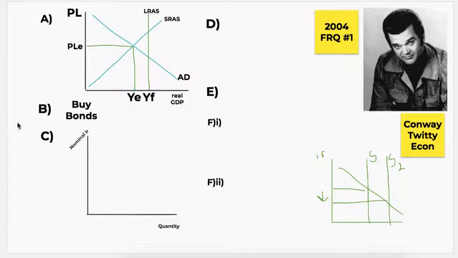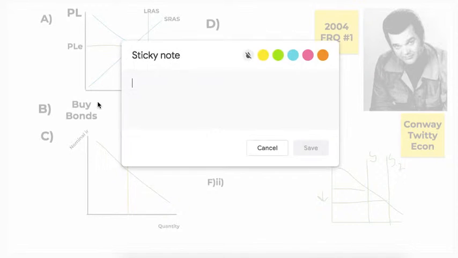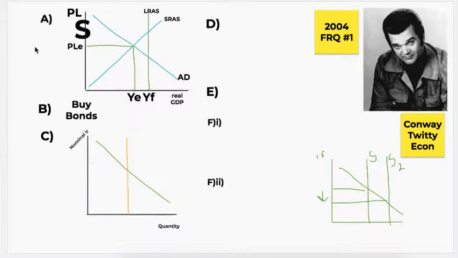And let's go ahead and just mock up what we drew down here a second ago. So let's draw our downward sloping AD and get a different color and draw our straight up and down supply curve and label it as supply. And move it down where it goes.